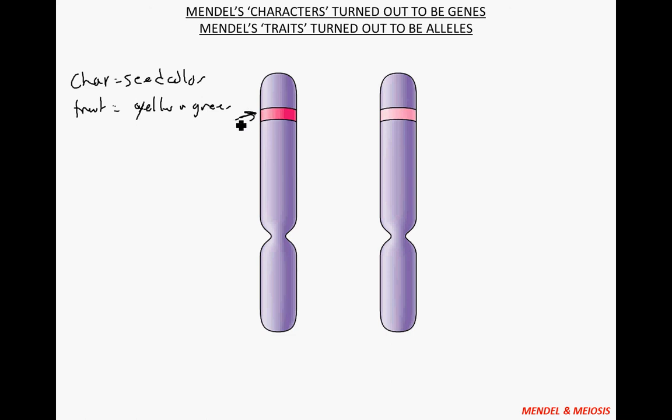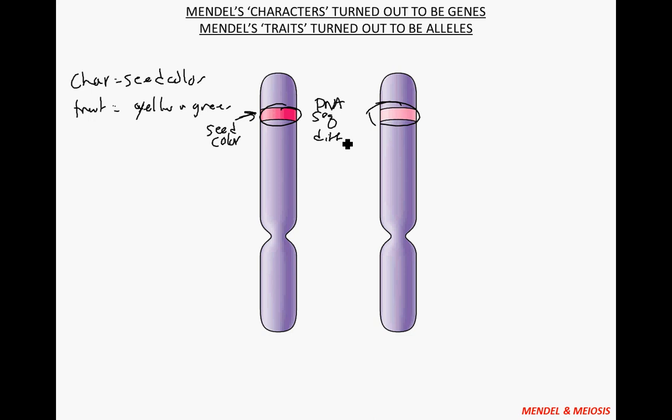So this locus right here would be the locus for the seed color gene. And then the trait would be the allele. So if you zoomed in here or here, you'd see a DNA sequence. One DNA sequence gets you a yellow protein, and the other DNA sequence gets you a green protein. So the DNA sequences were different.